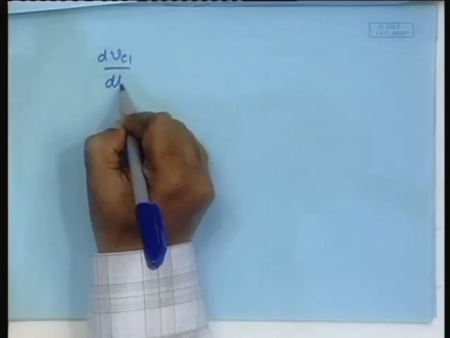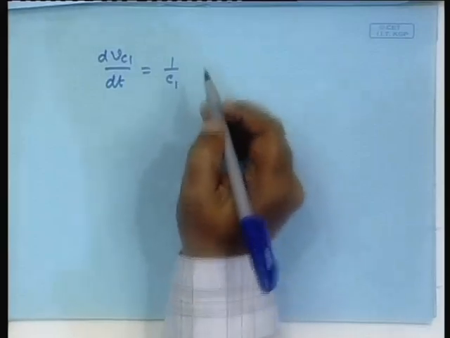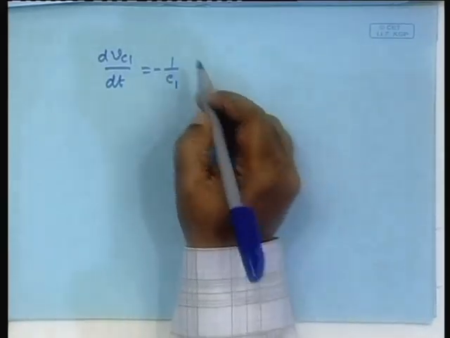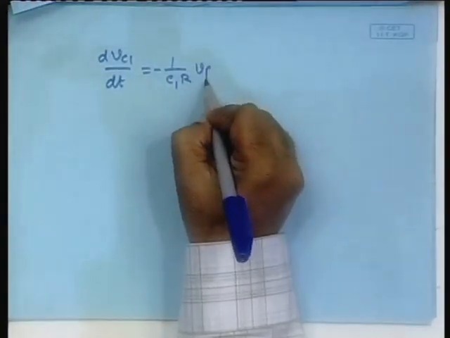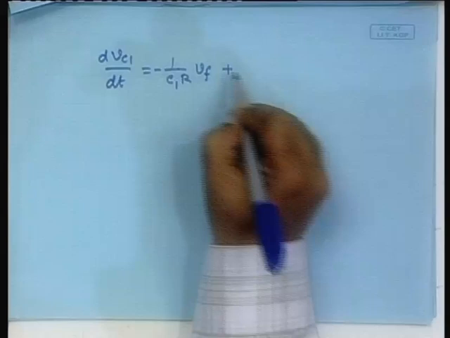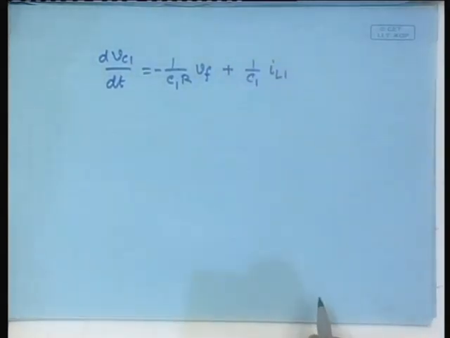dVC1 dt is equal to minus 1 by C1 R VF plus 1 by C1 IL1. Now, we have to write VF. We will find what VF is, but let me write it now. VF is needed.